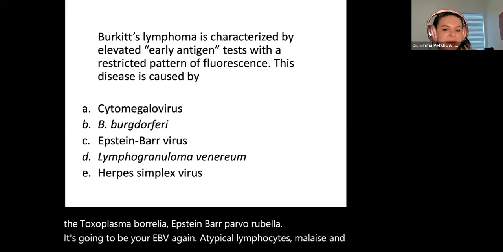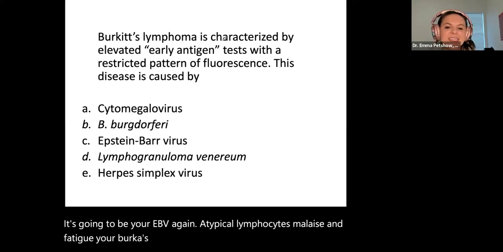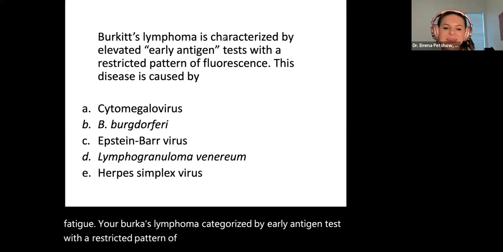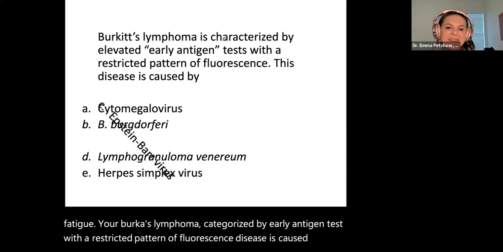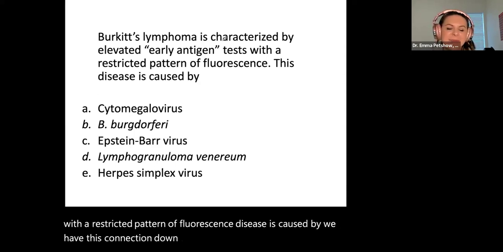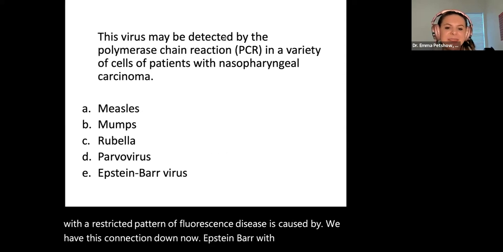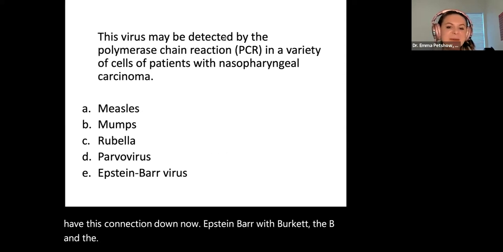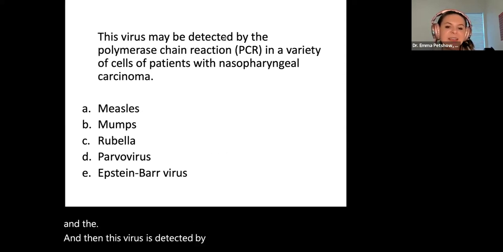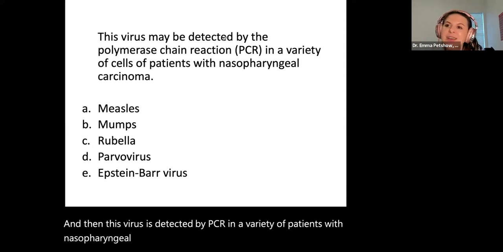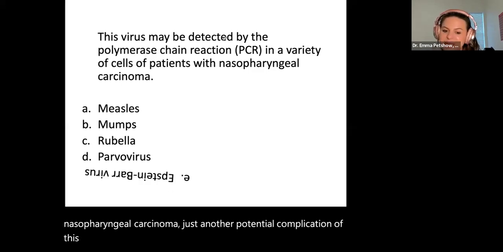Burkitt's lymphoma, categorized by early antigen tests with a restricted pattern of fluorescence. The disease is caused by, we have this connection down now, Epstein-Barr with Burkitt's, the B and the B. And this virus is detected by PCR in a variety of patients with nasopharyngeal carcinoma. This is another potential complication of this virus. Also EBV, remember it can cause like everything under the sun.